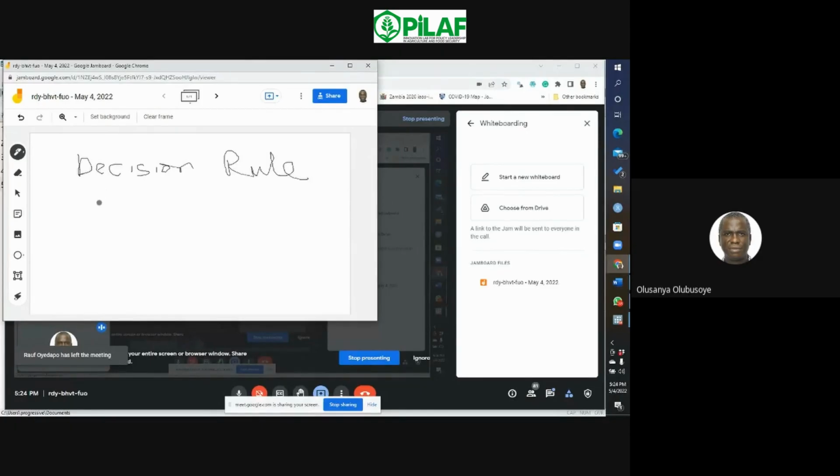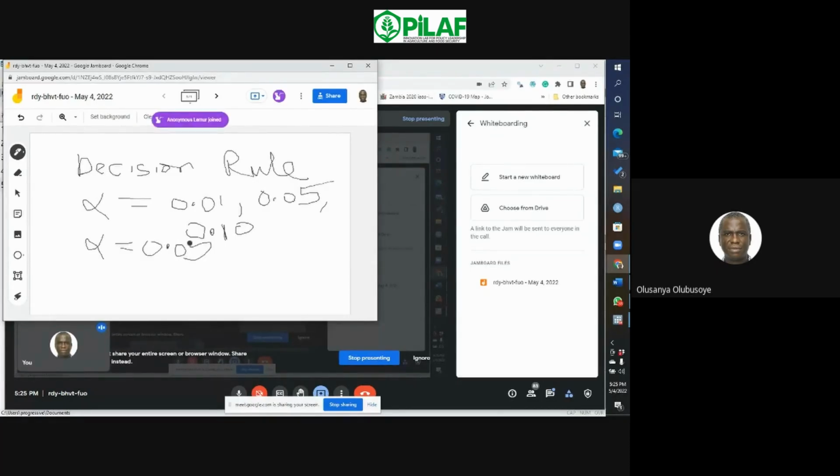So this is your alpha, and your alpha could be 0.01. It could also be 0.05, and it could also be 0.1. Researchers will normally choose any of these three, but the popular one is for the researcher to choose 0.05.